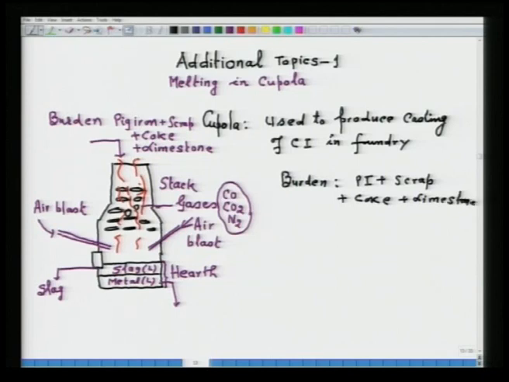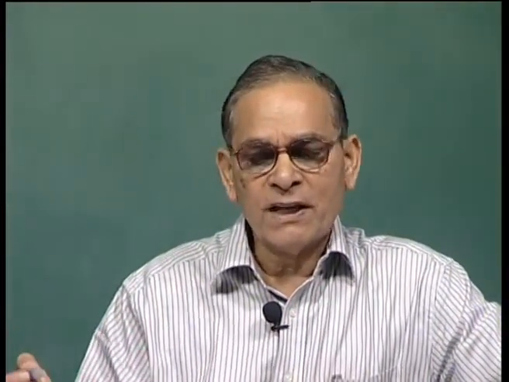This is the burden. If the scrap is there you can charge it, because there is no problem in operation of the cupola, because the source of energy is from outside. If not, you can work with the pig iron also and get it refined.